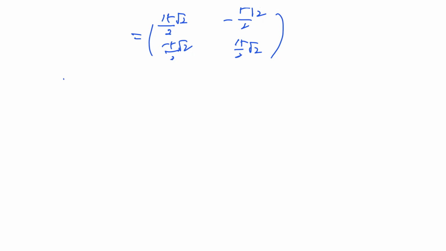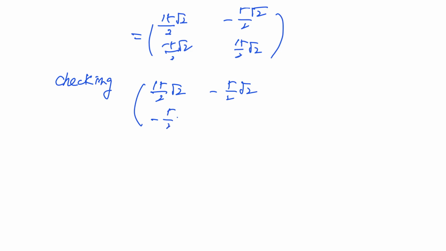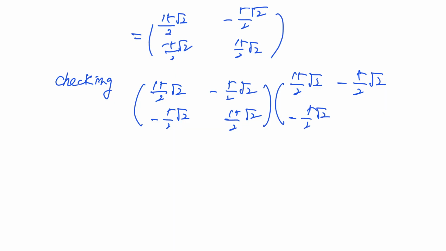So checking, recheck if this is indeed a square root, so multiply them together. 2 over 15 square root of 2, minus 2 over 5 square root of 2, minus 2 over 5 square root of 2, 2 over 15 square root of 2, same thing. So multiply them together, what happens?